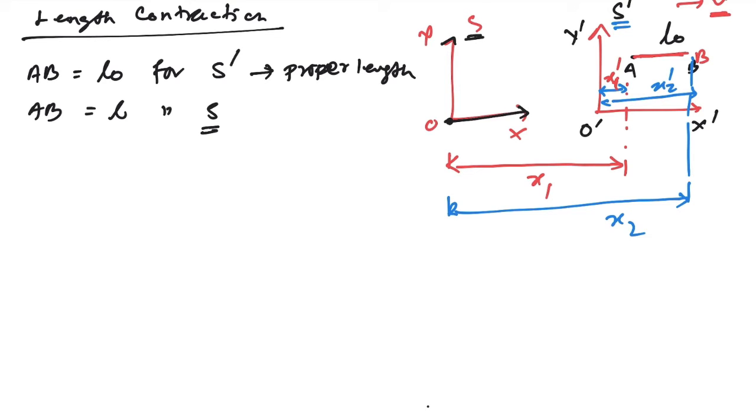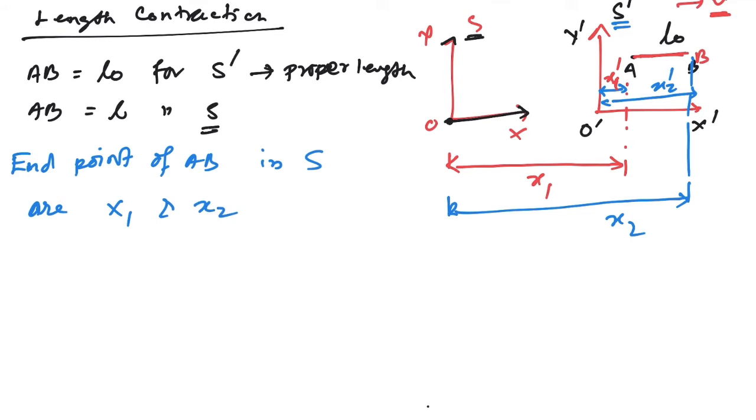Now what we can say is that the endpoints of AB in S are x1 and x2, and the endpoints of AB in S dash are x1 dash and x2 dash.